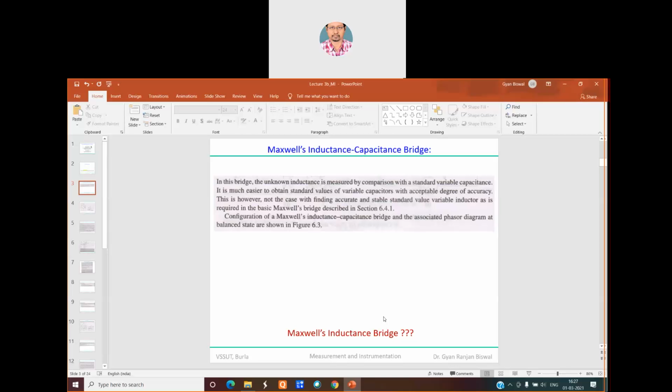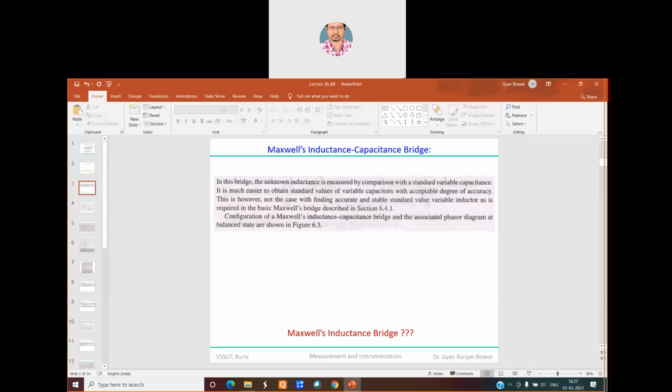So now, unlike the Maxwell inductance bridge, we are going to find the unknown value of inductance by comparing it with a standard variable capacitance, not a standard variable inductance.